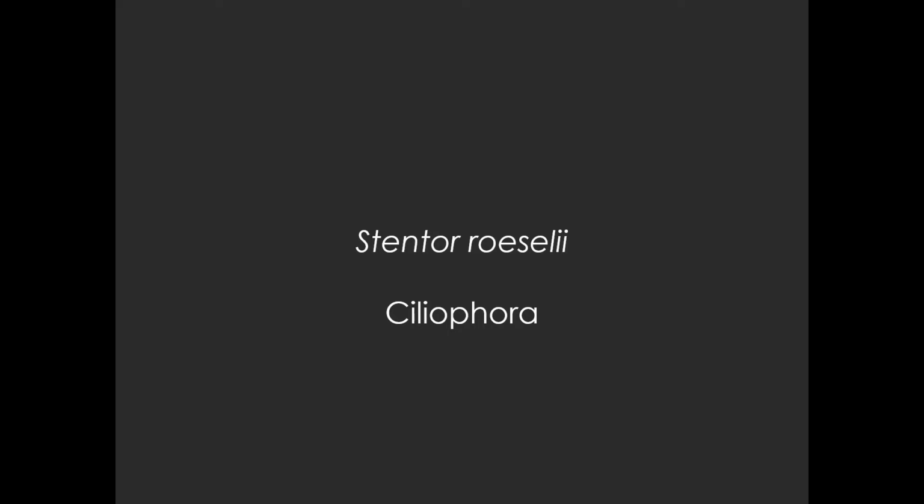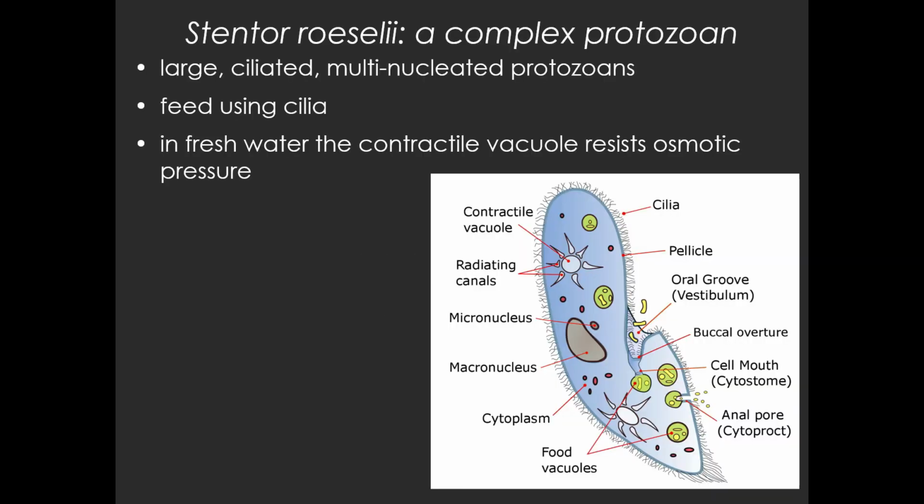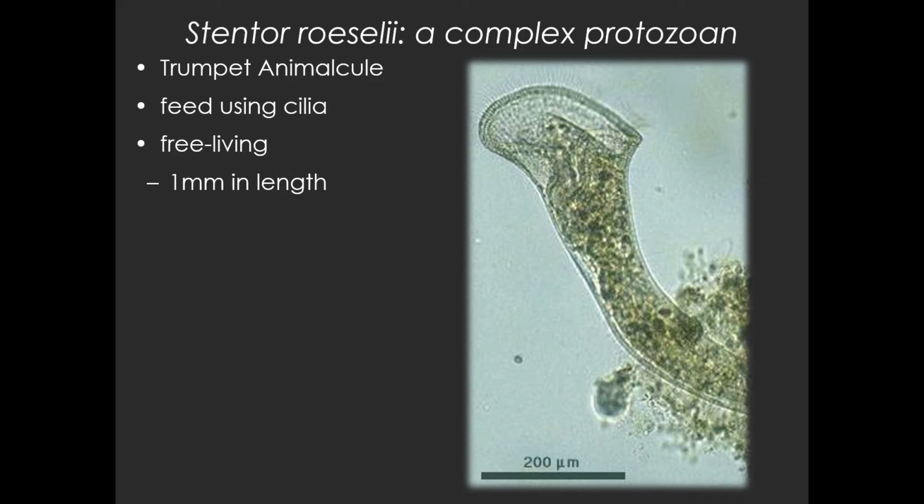All right, on to the Ciliophora. Stentor roselii is a complex protozoan which is large, ciliated, and contains multiple nuclei. It feeds using cilia and is primarily found in fresh water where constant osmotic pressure is avoided by the use of a specialized organelle called a contractile vacuole. S. roselii have a really interesting morphology.